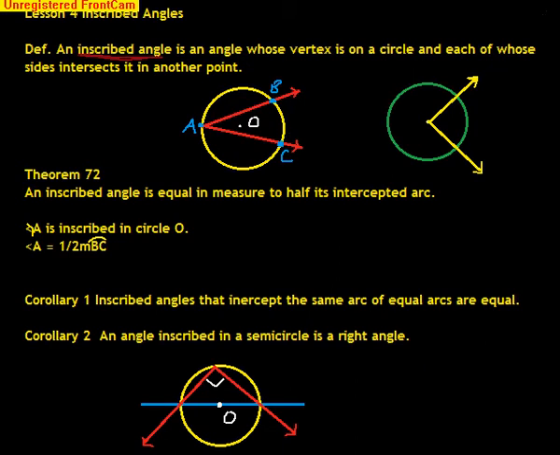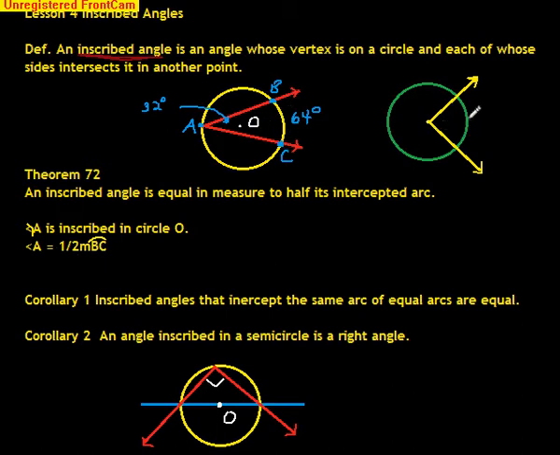So for example, if the arc were, let's just say that this was 64 degrees, then the angle is half of that. So this angle right here would be 32 degrees. That's what that says. Measure of angle A equals half of the measure of arc BC.